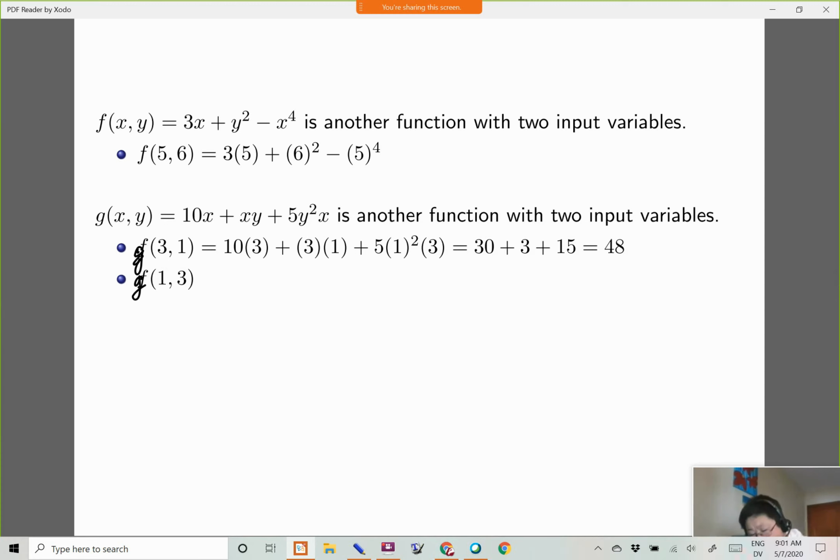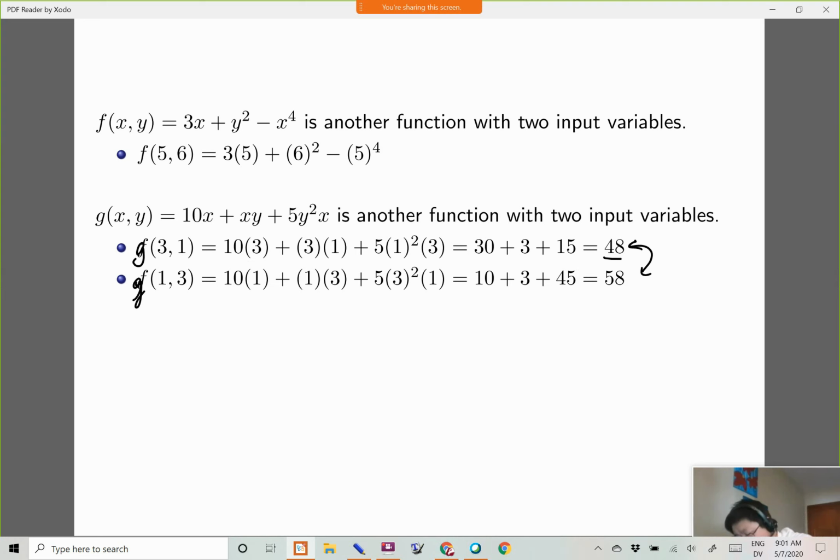Now we're switching it up, plugging in 1 for x and 3 for y. So you get this, and it fully simplifies down to 58. The whole point, the only reason I wanted to simplify all the way down, is that 48 and 58 are different. So just be careful about g of 3 comma 1 versus g of 1 comma 3. But if you plug in order, looking at the order that the variables appear to help sort things out, then everything will go just fine.